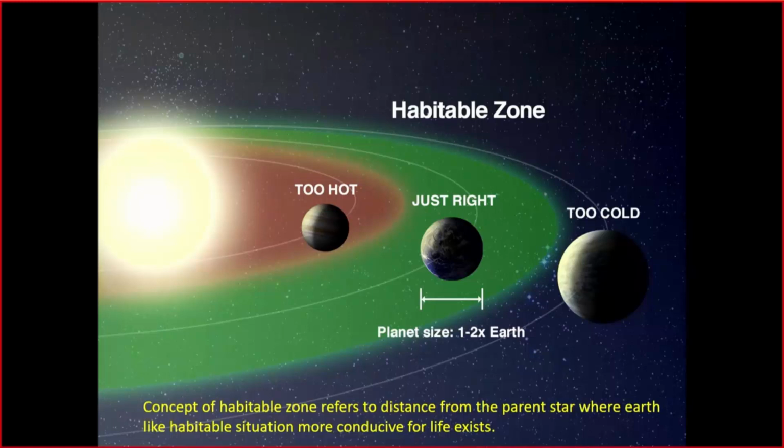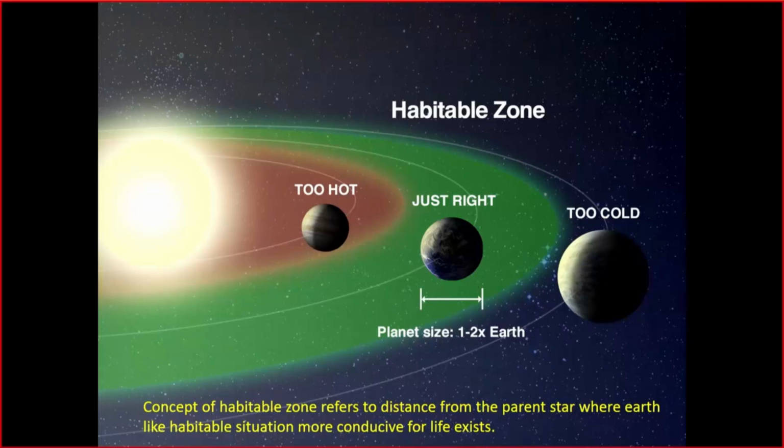If you are too far from your star, with a planet being quite far away, like our Jupiter and Neptune, it's too cold. And if it's too cold, obviously life won't exist there. If you are just rightly placed in terms of distance from the star, like Earth, there you have a sufficient temperature and atmospheric composition, and life would form.